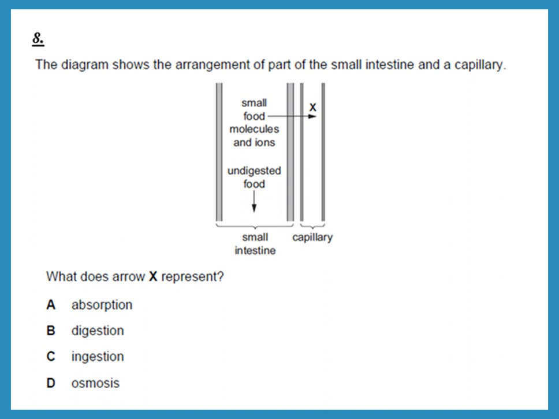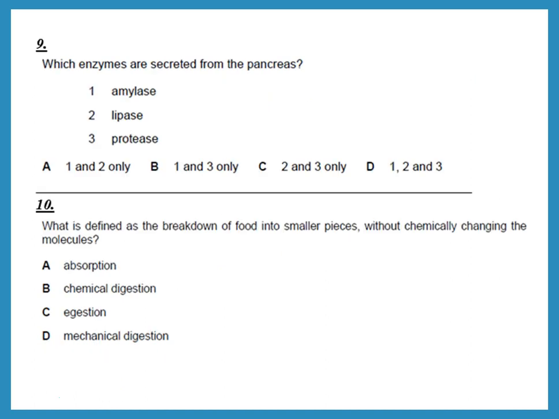The diagram shows the arrangement of part of the small intestine and a capillary. What does arrow X represent? What is arrow X? Can you see X? This is small food molecules going into the blood capillaries. Remember we said when the food molecules go from the small intestine into the surrounding blood capillaries, that is called absorption.